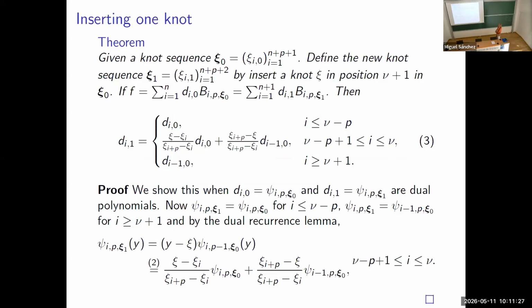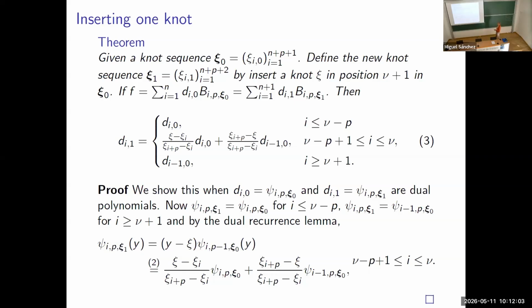You're given n plus p plus one knots ξ^0, and you define a new knot sequence ξ^1 by inserting a knot ξ in position ν plus 1 in ξ^0. Then you have the subspace property: if you have some coefficients d_i^0 on ξ^0, there exist some numbers d_i^1 on the knot sequence ξ^1.